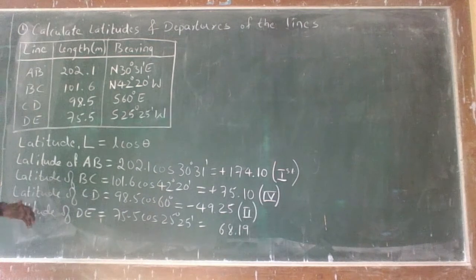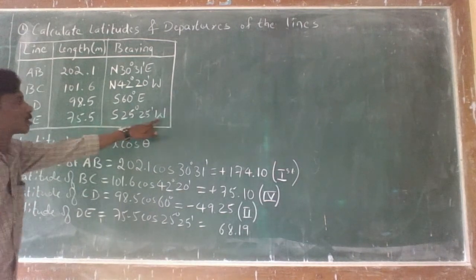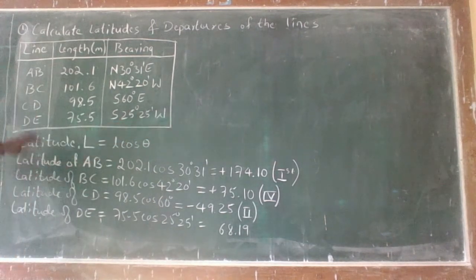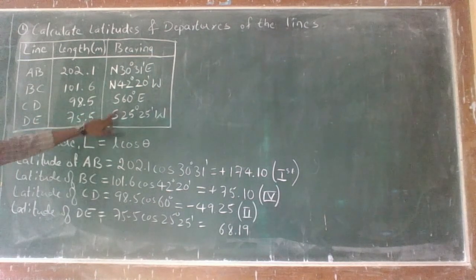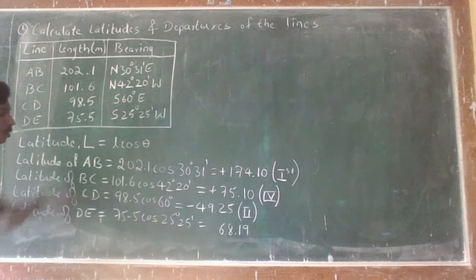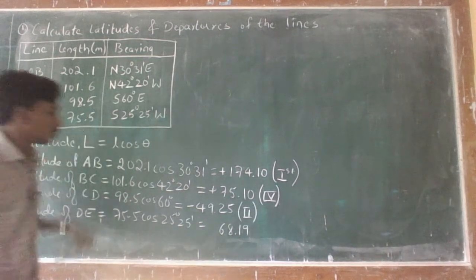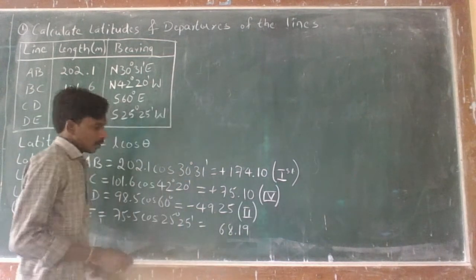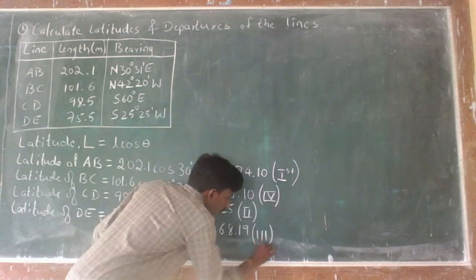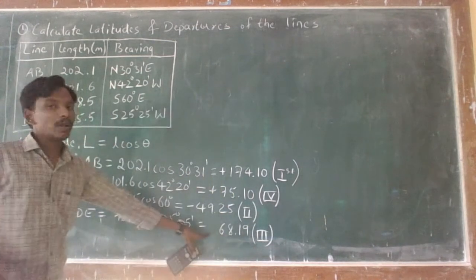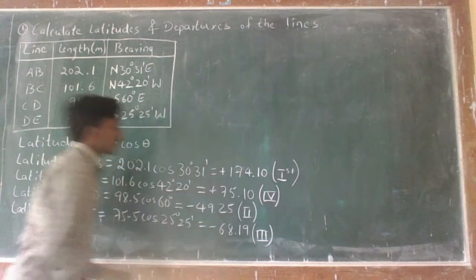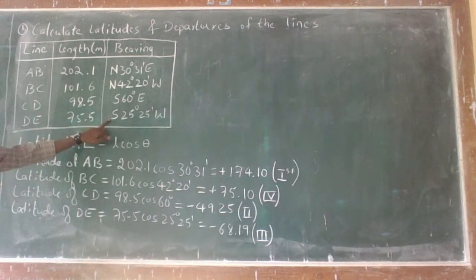Here you can see this lies in southwest. Again we have to consider south. Here the line DE is towards south, so this lies in the third quadrant. So the sign will be minus because the line is towards south.